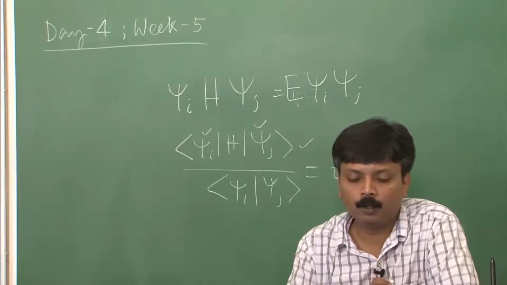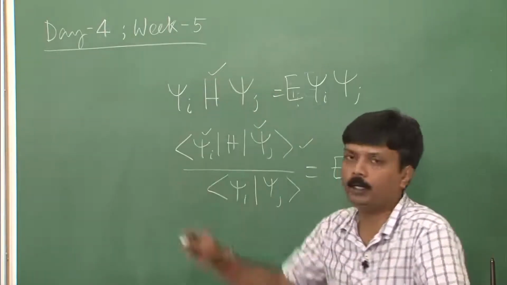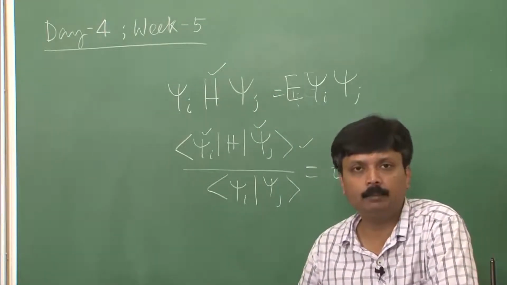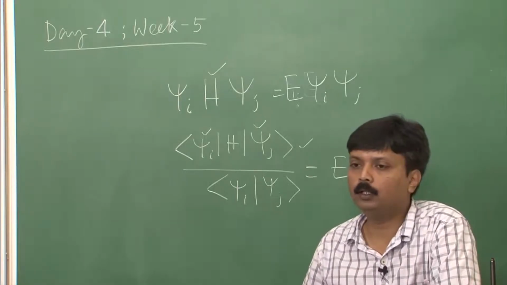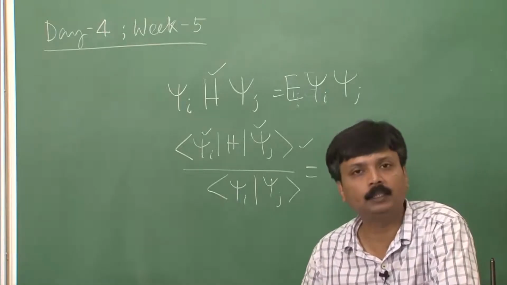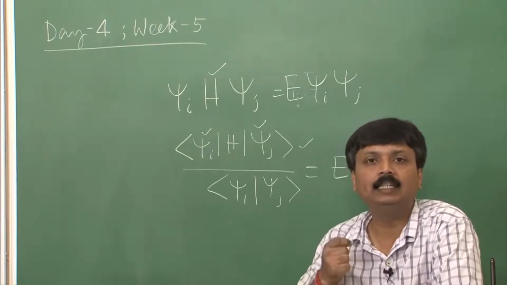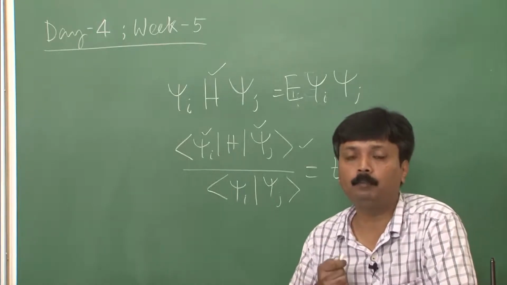Why so? Because I know that this Hamiltonian operator doesn't change the symmetry properties of a molecule, right? So H commutes with any symmetry operation that we have already seen. What does that mean? That H is invariant to any symmetry operation. Again, what do I mean by that?